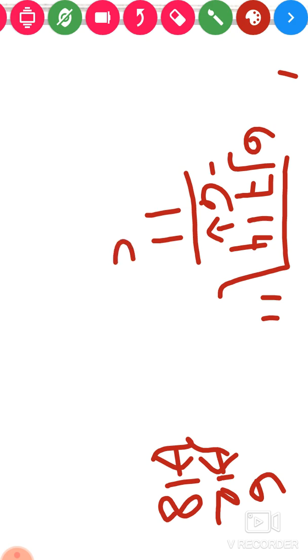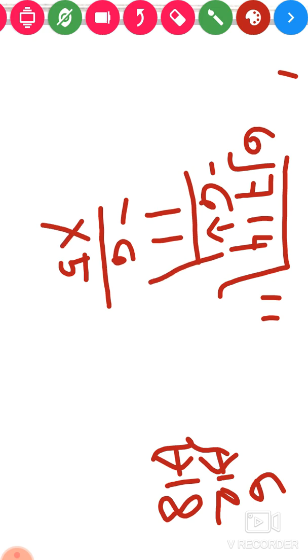6 ones are 6. Now subtract 6 from 11. How much will we get? Count after 6 so that we reach 11: 7, 8, 9, 10, 11. 5. Okay, now we have 5. We will carry down this 4 here. 54.